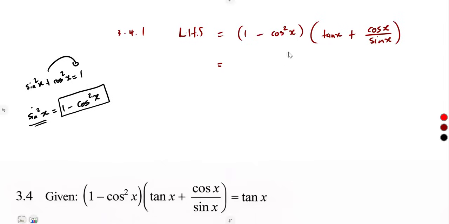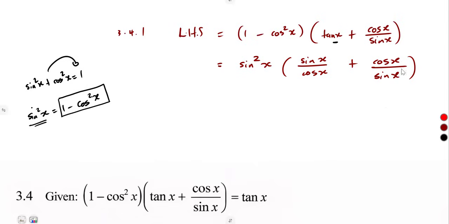Sine squared there. So this whole part was going to be what? The sine squared of x. All right. Tan is same as what? Sine over cos. You can also change that one. Sine of x over the cos of x plus what? Cos of x over the sine of x.